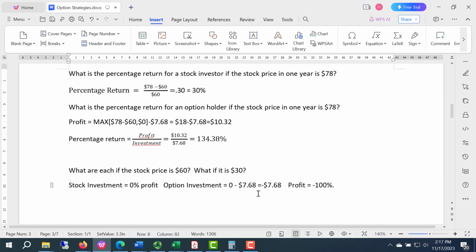Okay, so we get a negative 100% return on the option investment. So for what if it's $30? For the stock, our percentage return, I'll just go back up and take this again.